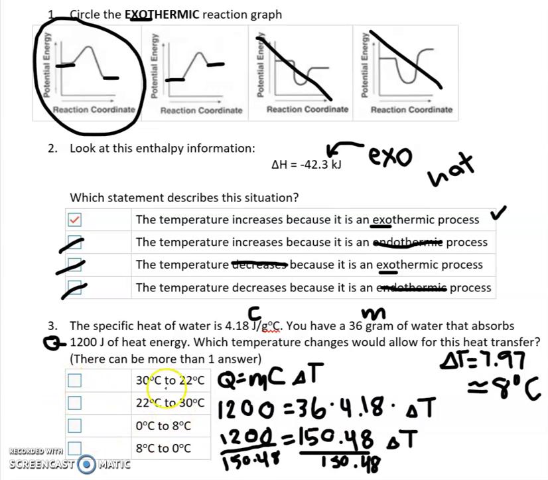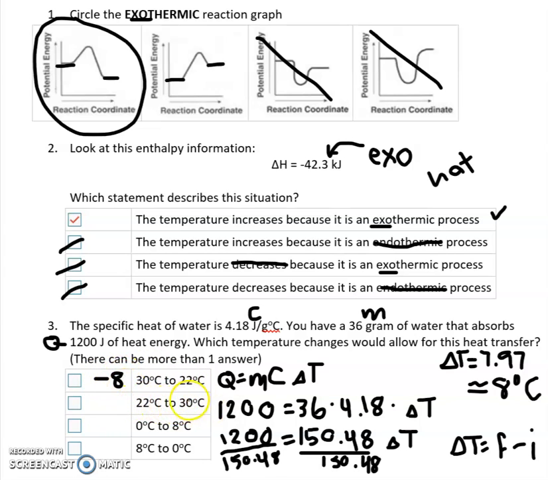So now from our choices, we have to find a delta T that is approximately equal to 8 degrees Celsius. Remember, delta T is equal to final minus initial. Your final temperature minus the initial temperature has to equal 8. Here, we go from 30 to 22. So 22 is my final, 30 is my initial. My delta T here will be equal to negative 8.